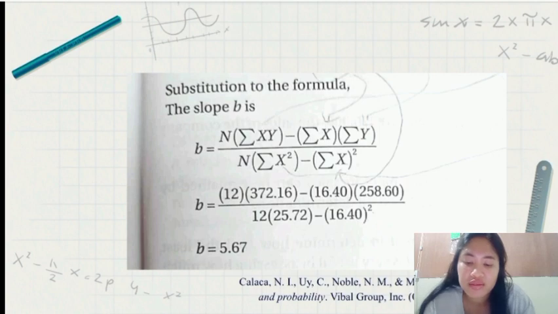So the answer is 5.67. So slope b is 5.67.